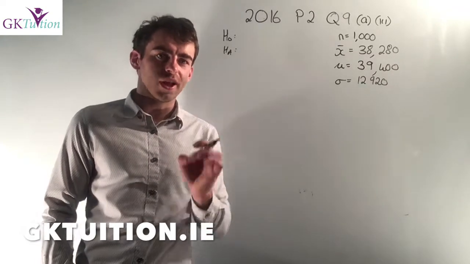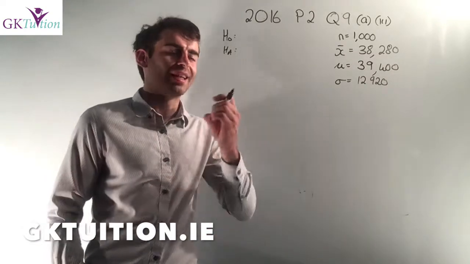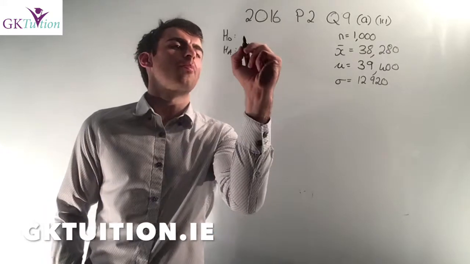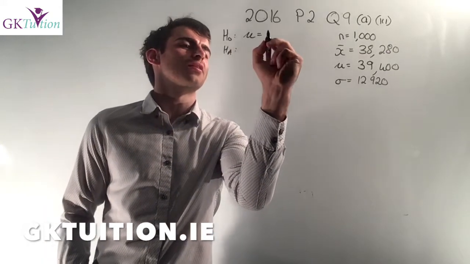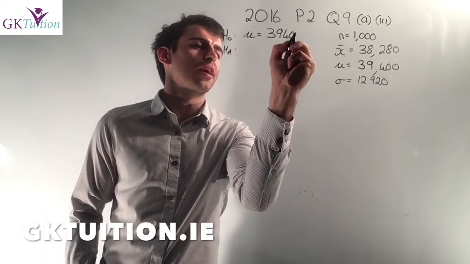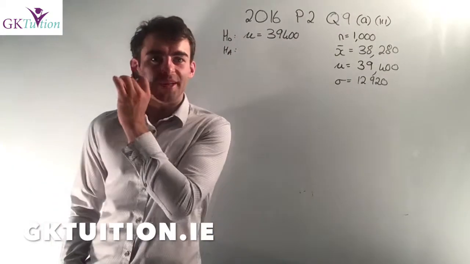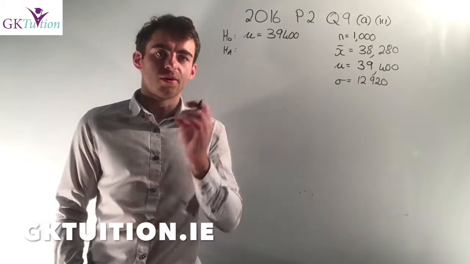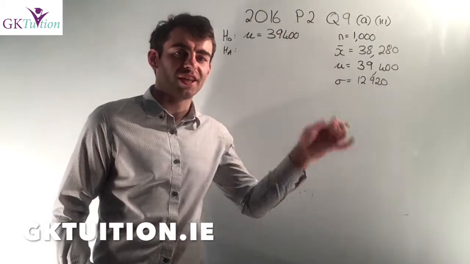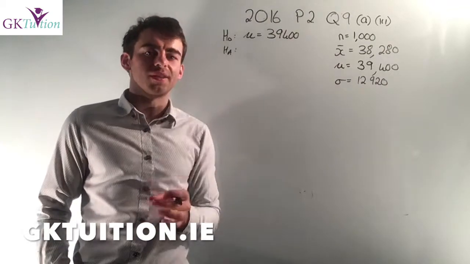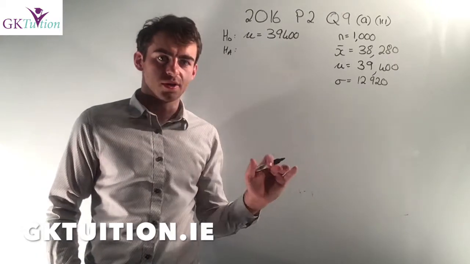So even though the question says, test the hypothesis that it has changed, my null hypothesis is that it hasn't changed. Or in other words, that mu is 39,400. So my null hypothesis is the opposite of what they've said in the question. The question says, test the hypothesis that it has changed, but a null hypothesis is always that there's no change.